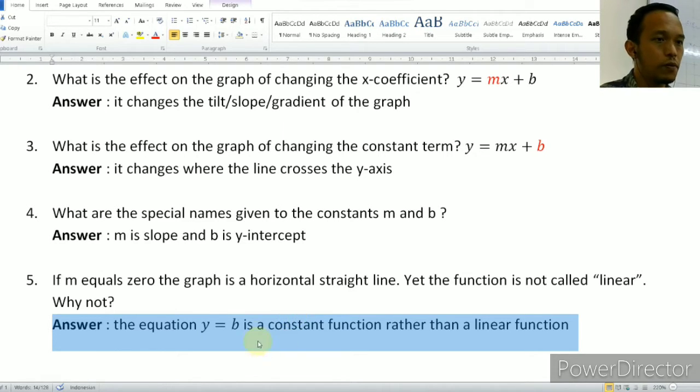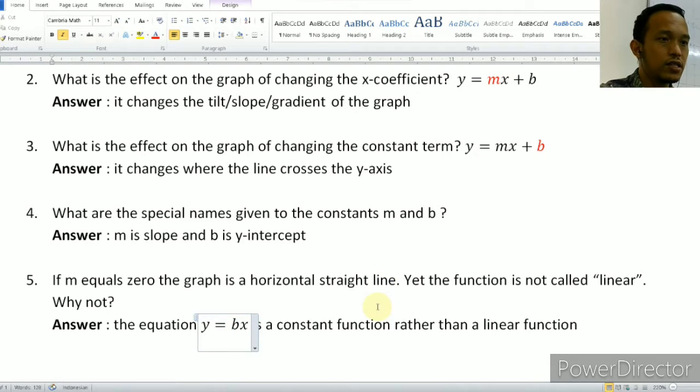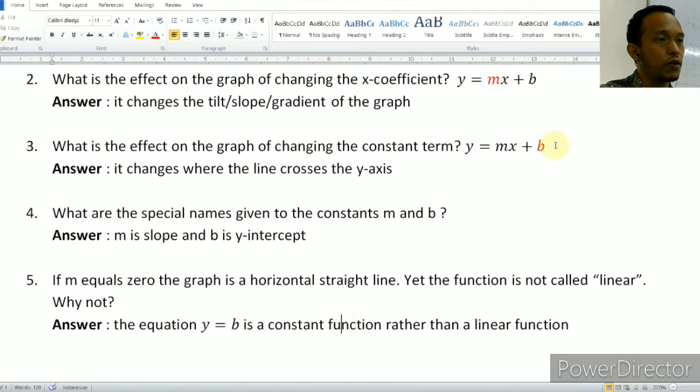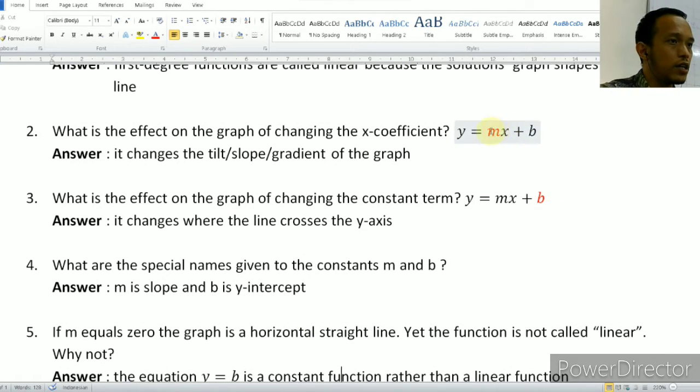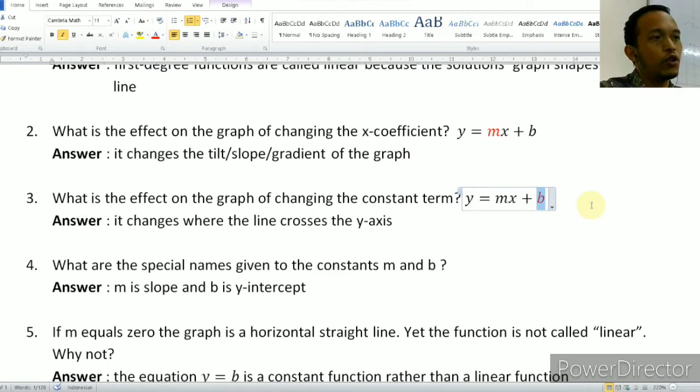Usually if we have bx, for example, then we have a linear function. But since it's just a constant, b is not a variable. Let me make it clear: this m and b just refer to constants that we don't know, because we are not talking about a specific line or a specific function.